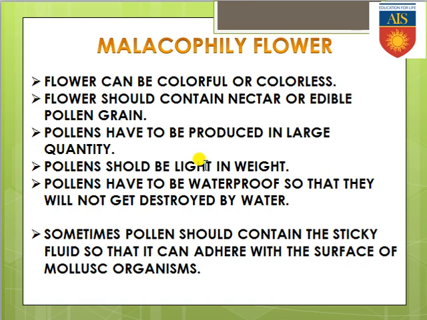So during this kind of pollination process, a plenty quantity of pollen grain has to be produced. That means after dispersal of the pollen grain here and there, still a limited or minimum quantity of the pollen grain can reach the proper destination.